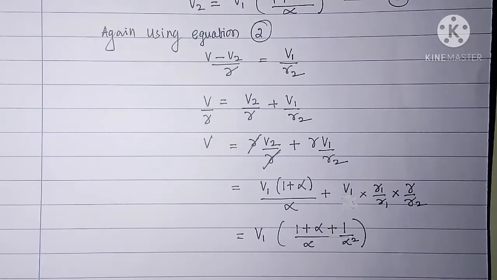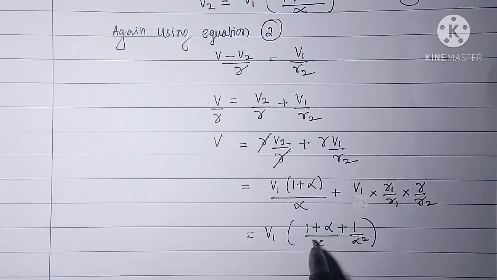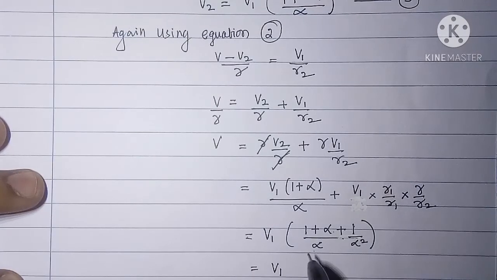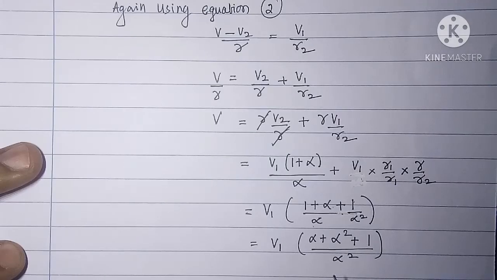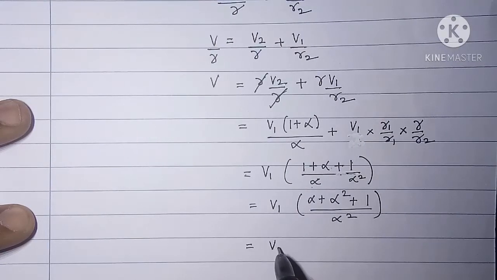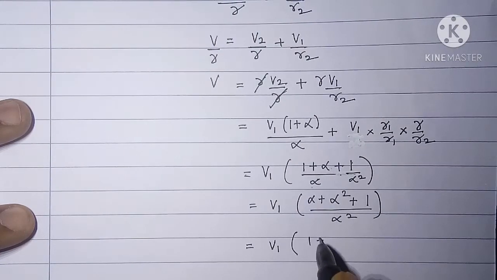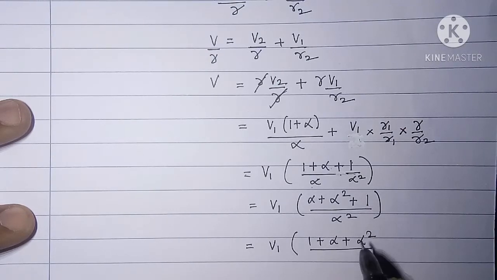So that may be written this way: V1 into the bracket (alpha plus alpha square plus 1) divided by alpha square, which is V1 into the bracket (1 plus alpha square) upon alpha square.